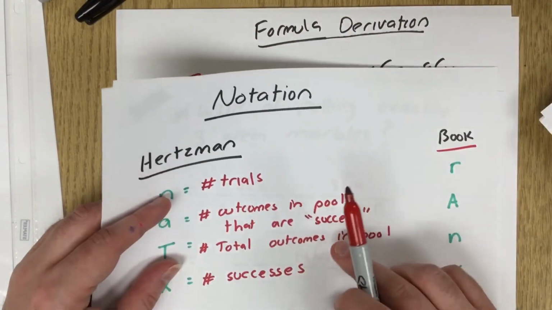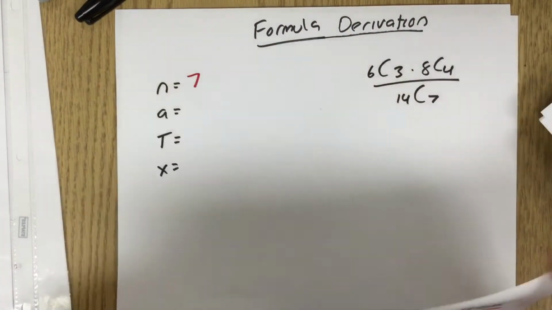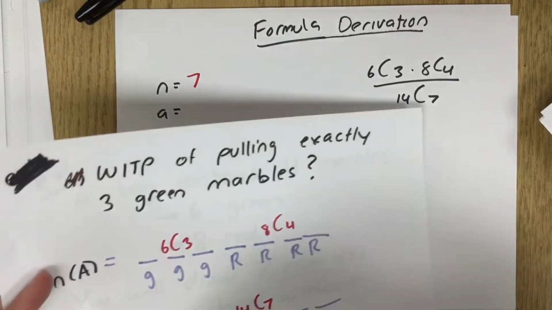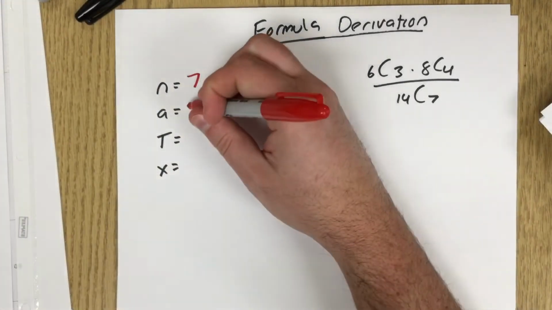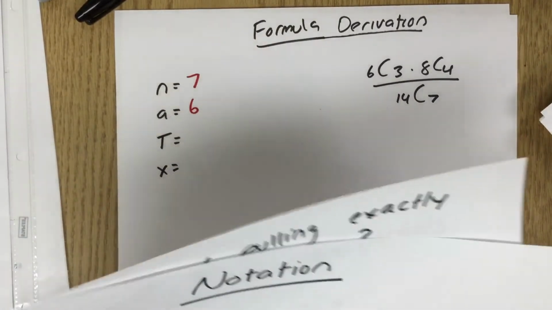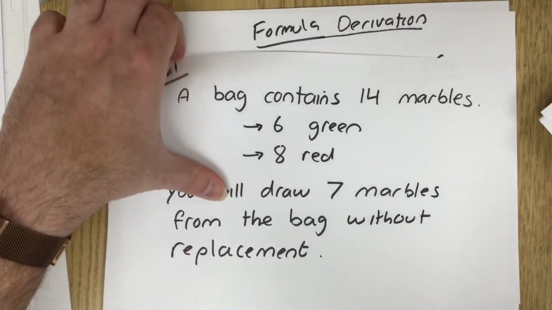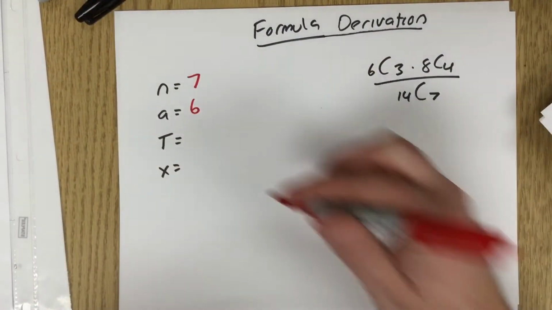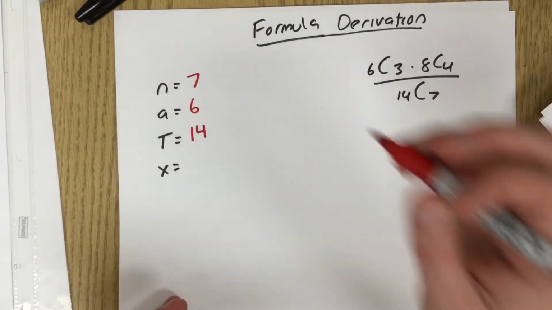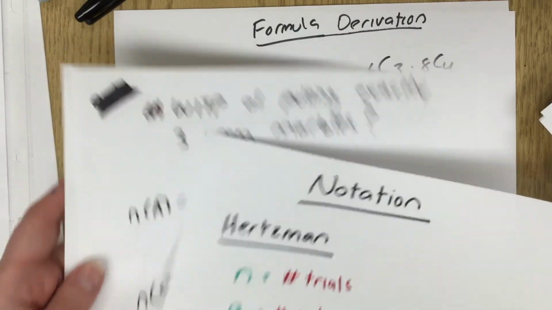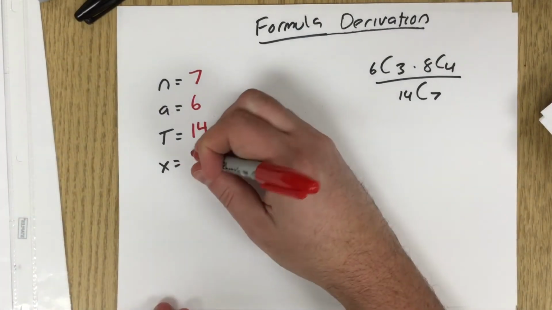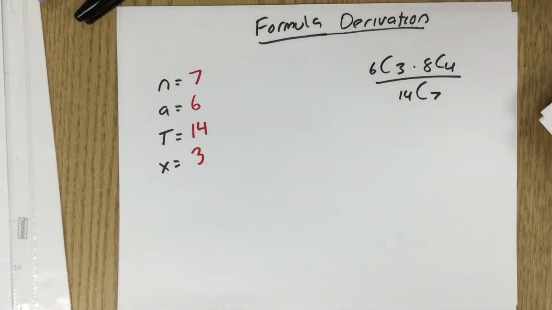A is the number of outcomes in the pool that are a success. So we're saying that greens are successes, and there were 6 of them in the pool, so A is going to be 6. There was a total of 14 marbles available in the pool, 6 plus 8. So the total was 14. And the question we were looking at, we wanted to have 3 green marbles. So that's going to be 3.